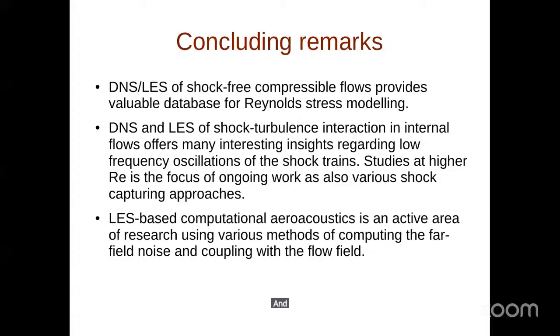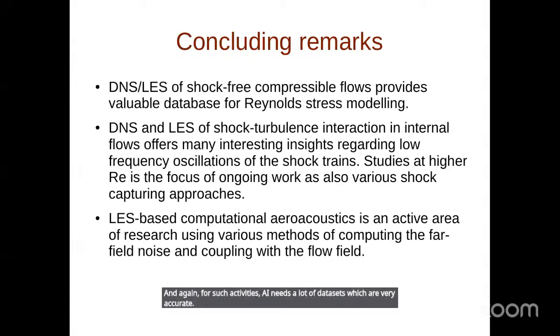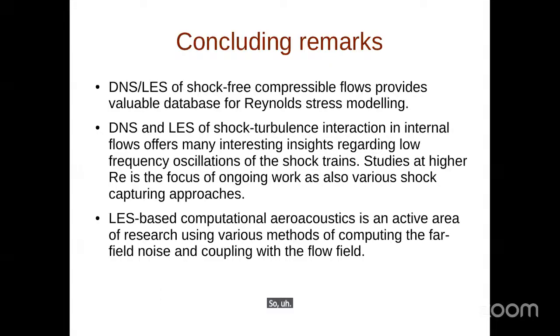And again, for such activities, AI needs a lot of very accurate data sets. So doing such simulations is very necessary to generate data sets to develop good turbulence models, which then can simplify the task of doing numerical simulations.